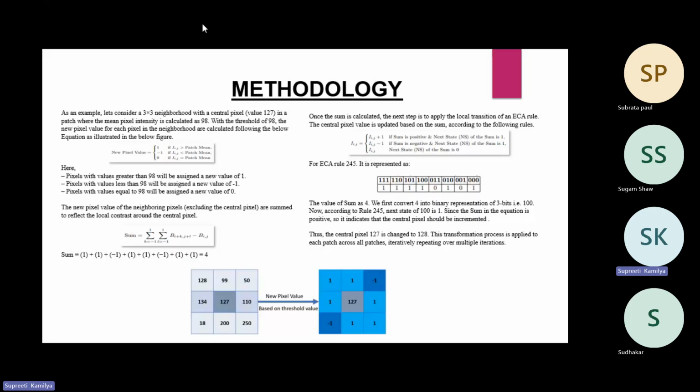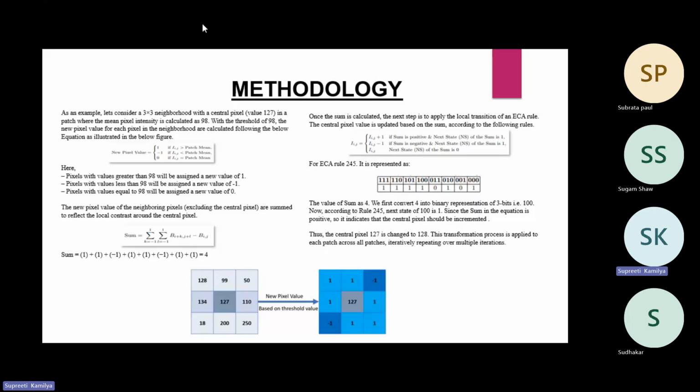Now, how are we making those changes? Here we calculated the sum. After that, we took the 3-bit representation of that value and then saw the next state. If the sum is positive and the next state of the sum is 1, like in this case, then the central pixel value is incremented by 1.